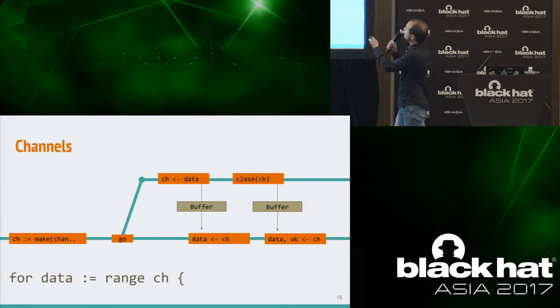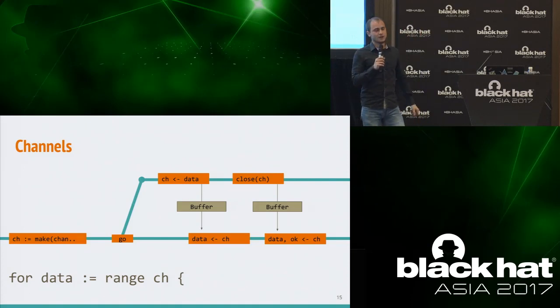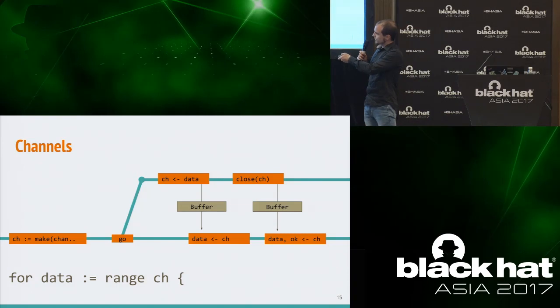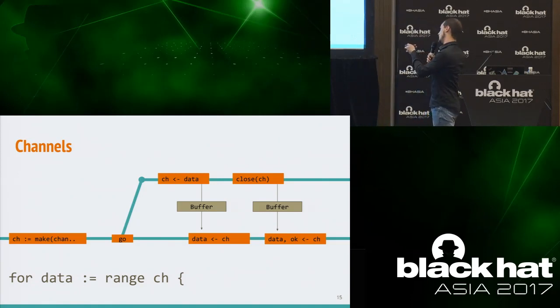You can also close channels, which means that the other goroutines can keep reading from it until the buffer is empty, and they will then finish their loop. This is how you loop over a channel. You just use the channel as a collection, and when the channel is closed, somewhere in the code, the loop ends.